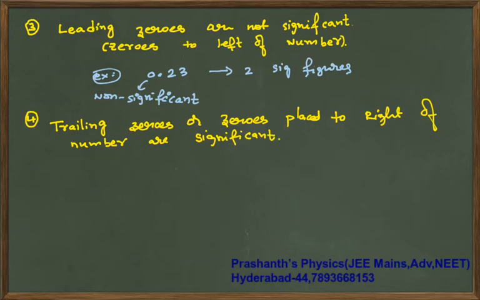As an example, 200 has three significant figures.